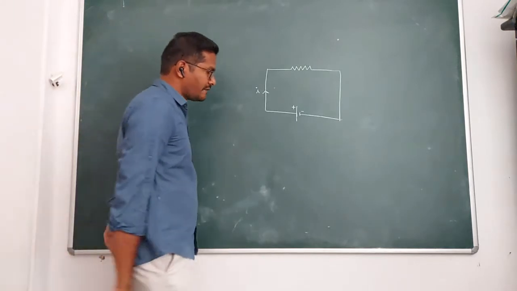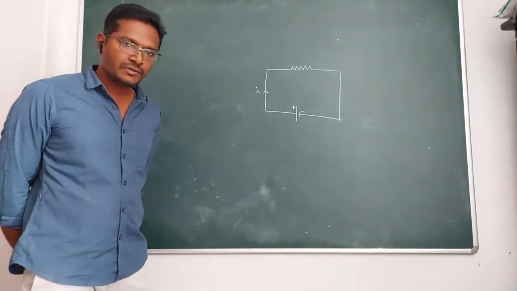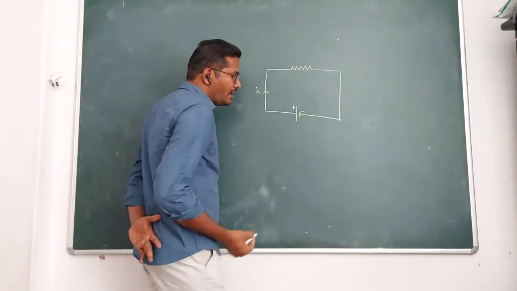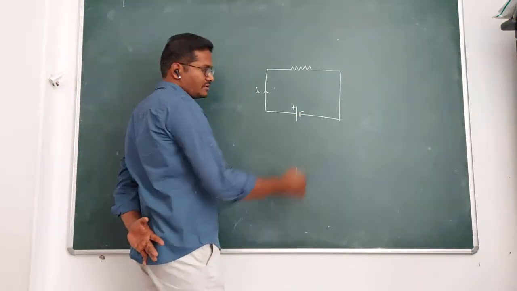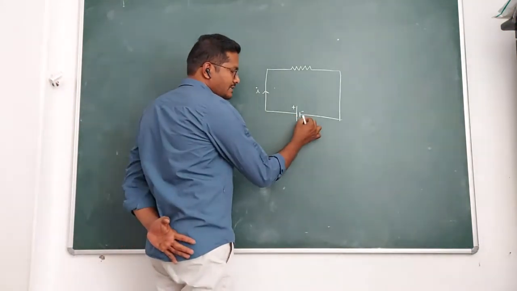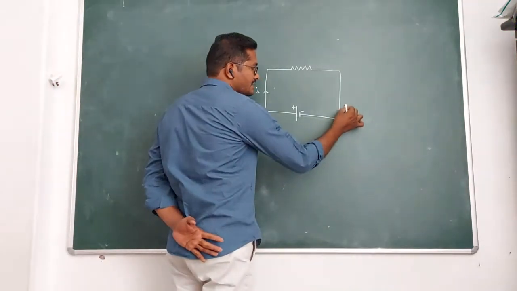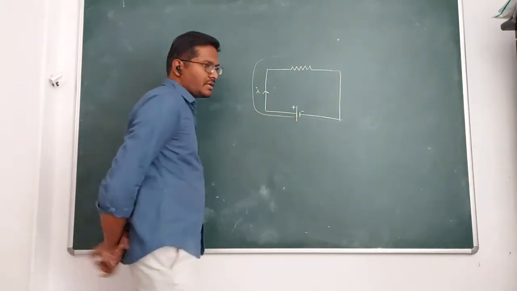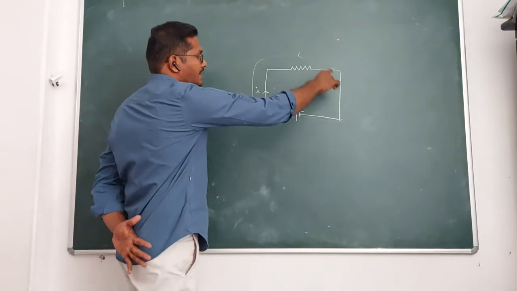Here, the electron is said to have a negative charge. This is the negative terminal, and a negative charge will get repelled by this negative charge, and as there is a repulsion of the electron, the electron moves in this direction and enters the positive terminal. This is the direction of the electrons, which is opposite to the direction of the current.